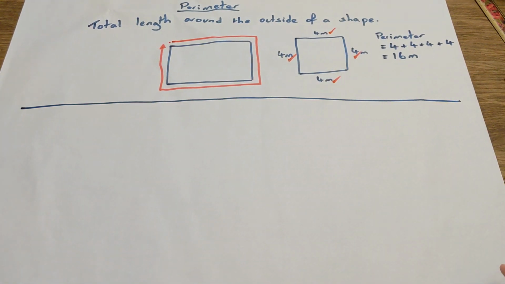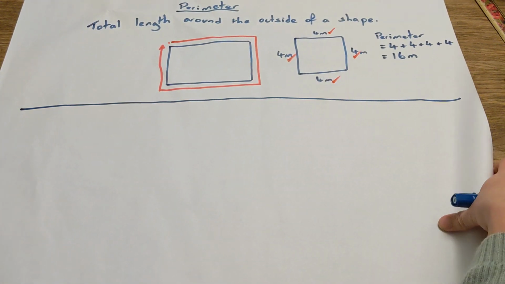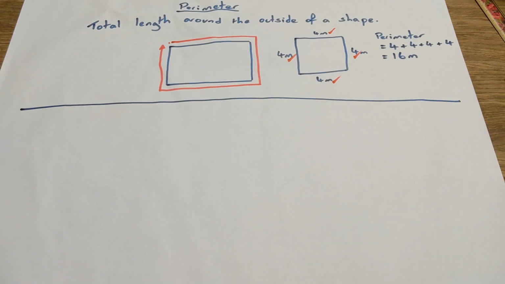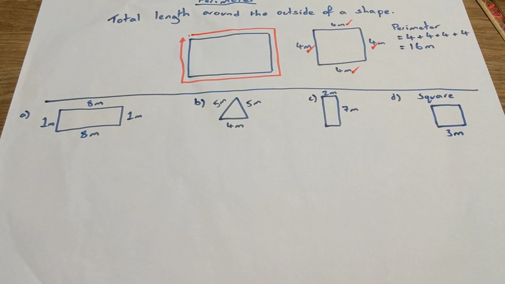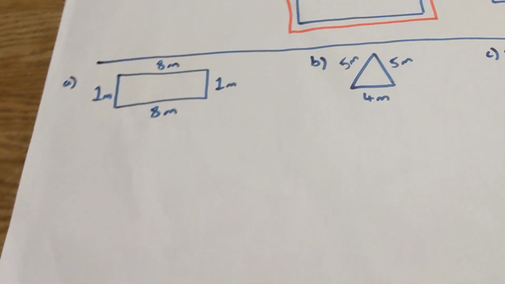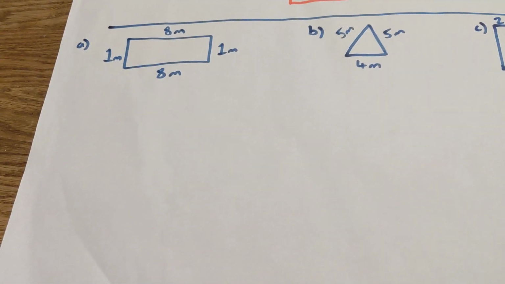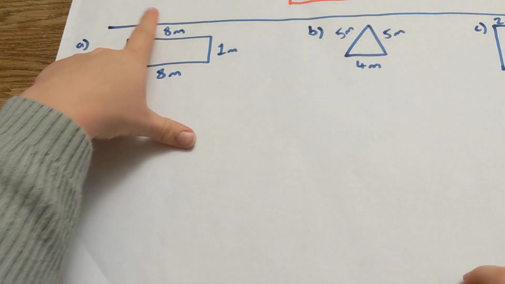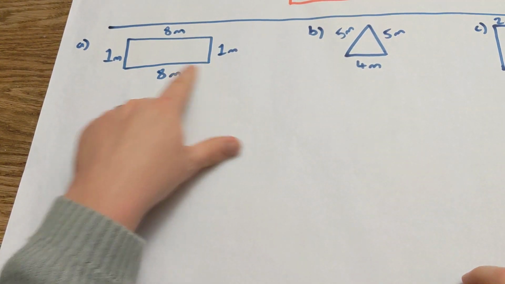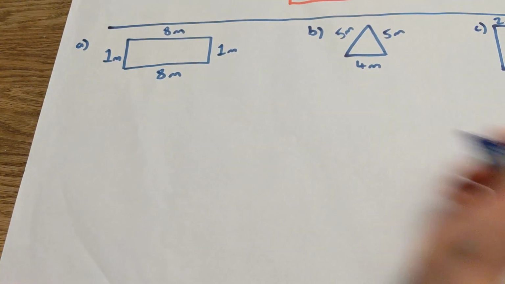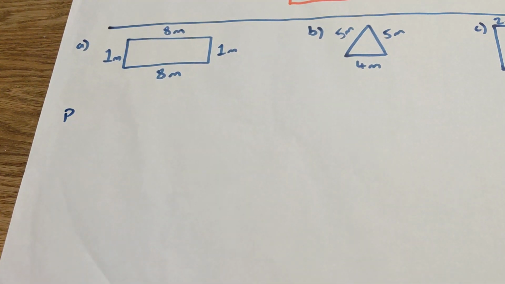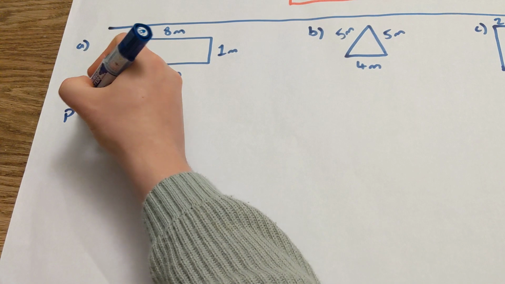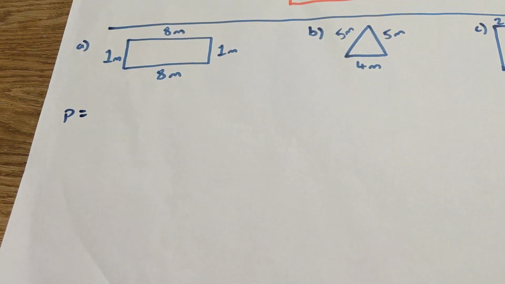So let's have a look at some examples then. Okay, so I'm going to pause for a second and draw out some examples for us to have a look at. Okay, so we've got 4 examples to go through here, and let's start with A. I've got a shape, 8 meters here, 1 here, 8 here, and 1 here. So the perimeter, I'm just going to write P for perimeter, okay? Perimeter then equals each of these sides added together.